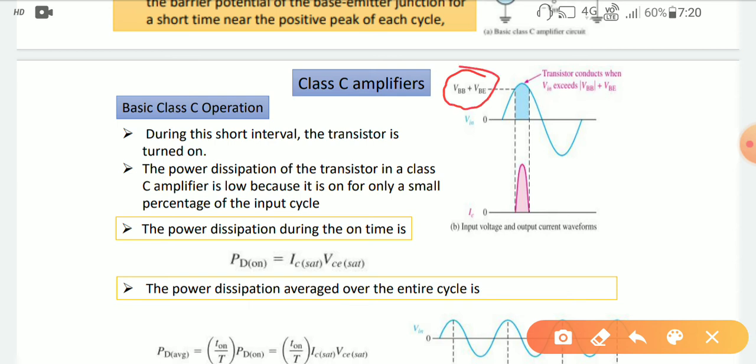If VBB is known and VB is the transistor base-emitter voltage, if you know VBB and VB from the transistor specification, then you can identify for which region the output will be used, that is, when the transistor will be in the on condition.